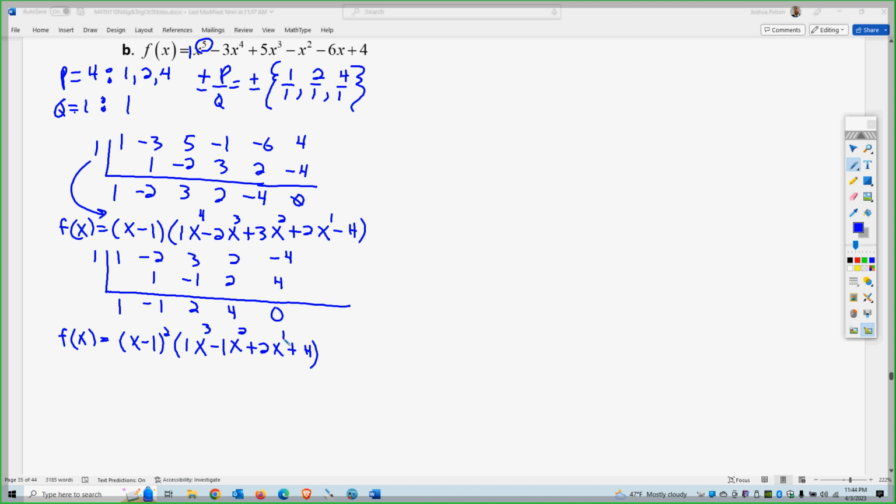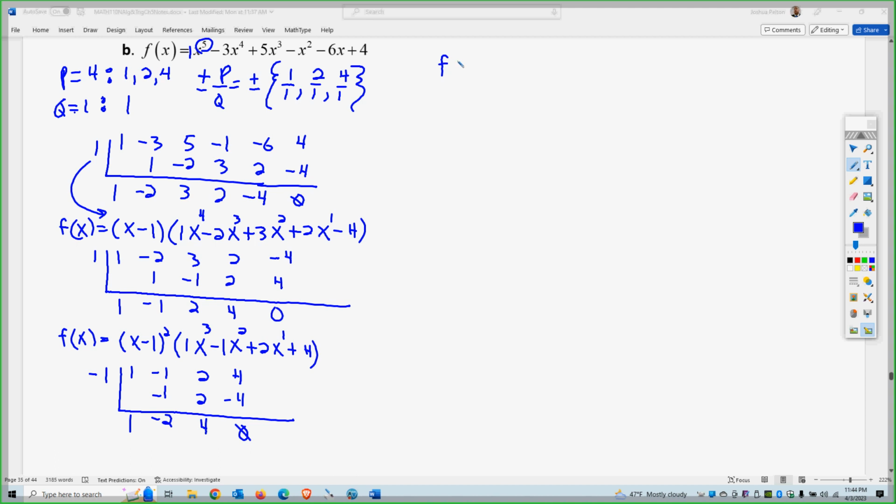Okay. All right, so I also notice it goes through -1. Okay. So if I do -1, 1, -1, 2, and 4. So I'm going to add, multiply by -1. I'm going to add, multiply by -1. I'm going to add, and then multiply by -1. Okay, so it looks like that works. Let's write that over here.